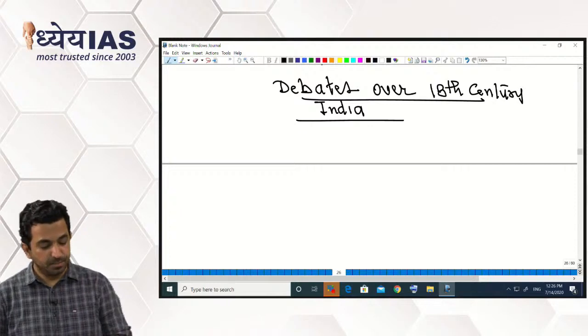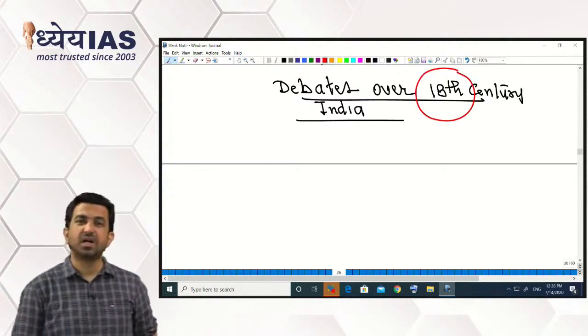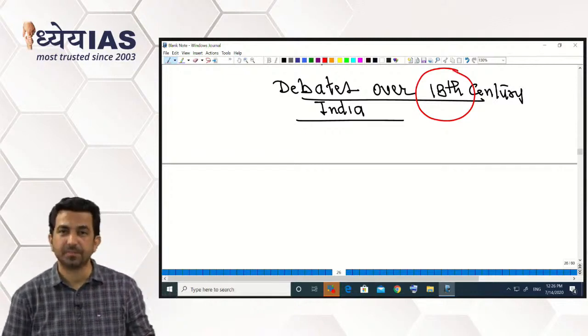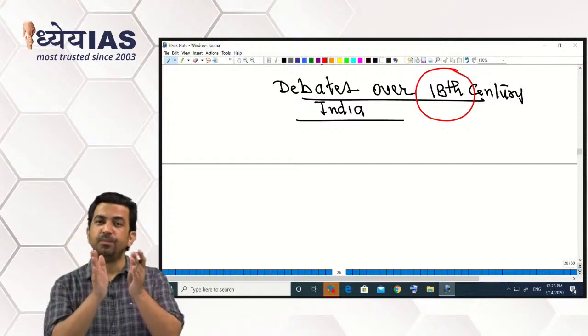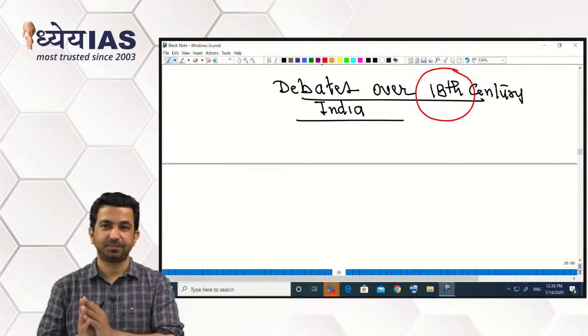The 18th century is very often considered a century of transition between the medieval age and the modern age.